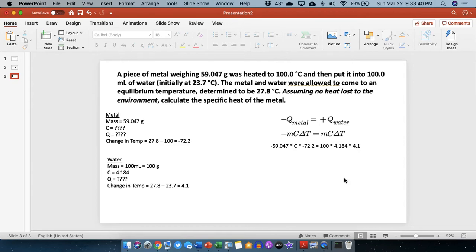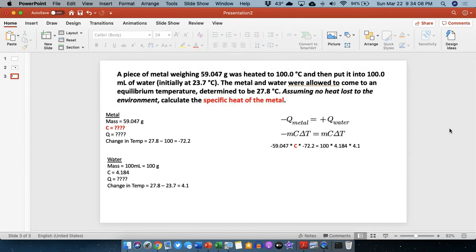It didn't matter, because we had everything else that the Q is, mcΔT. And now that I've plugged in all of my numbers, I find that I'm only solving for one particular value. This value right here, C, the specific heat of the metal. And that, my friends, is what the problem asked for.